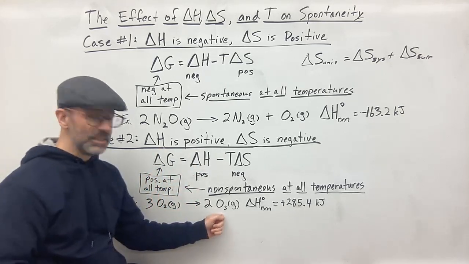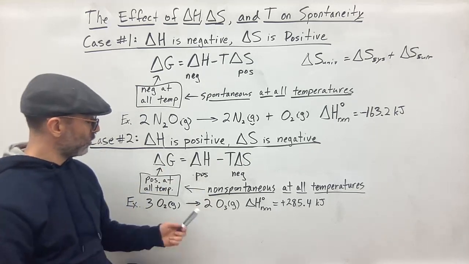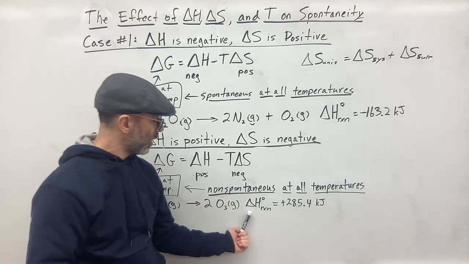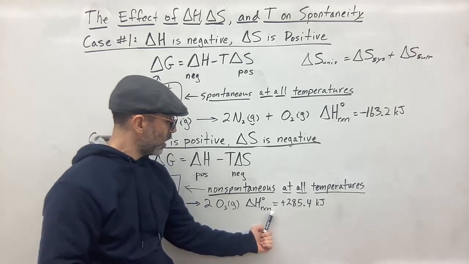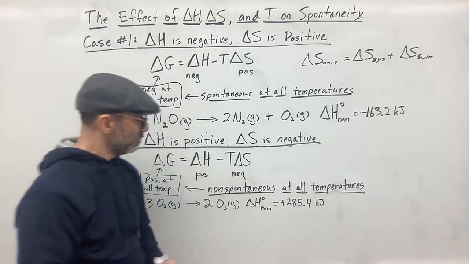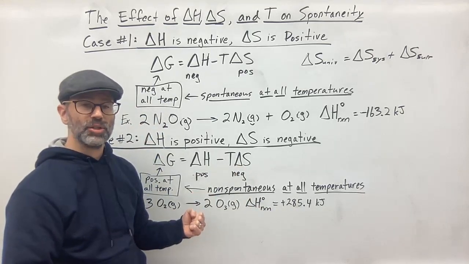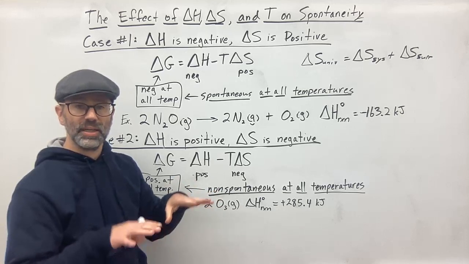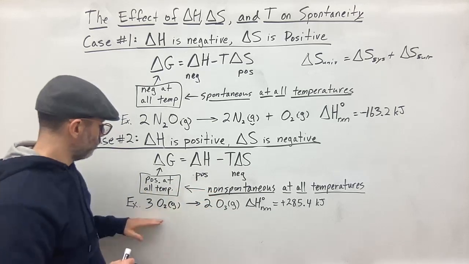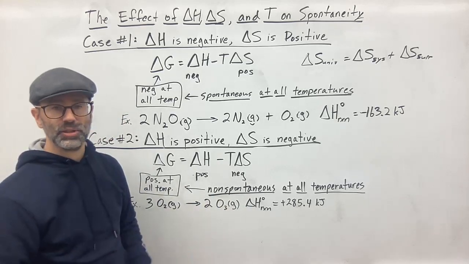So here we're getting less particles, and less particles means lower entropy. So the entropy of the system is decreasing, and you have a positive delta H for the reaction. Again, that means it's absorbing energy, taking energy away from the surroundings, and therefore lowering the entropy of the surroundings. So this would be a non-spontaneous reaction under all temperatures.